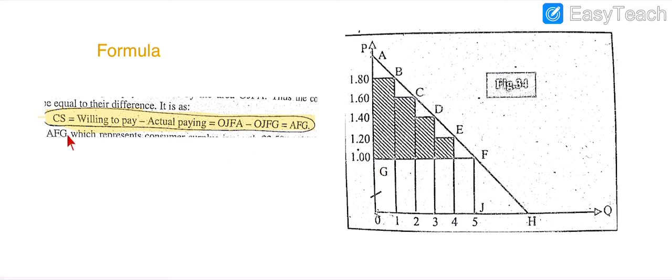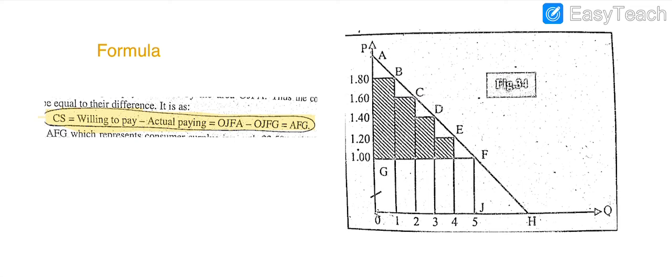So we can say that consumer surplus is equal to the price the consumer is willing to pay minus the actual payment. And what was the consumer willing to pay? That was O, J, F and A. Actually, this is the area which the consumer is willing to pay.